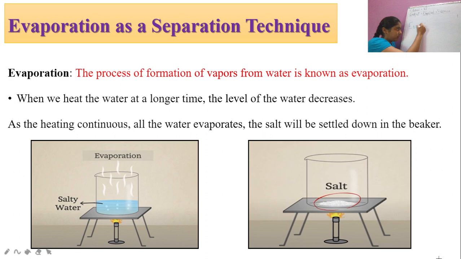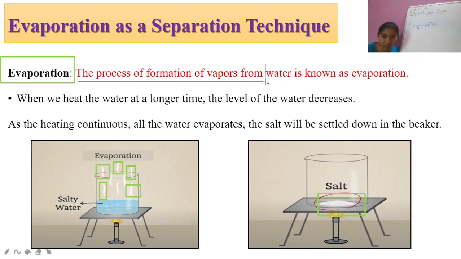So students, let's see what evaporation is. Evaporation is a process of formation of vapors from water. In this activity, evaporation happens from the water only. This type of process is called evaporation.